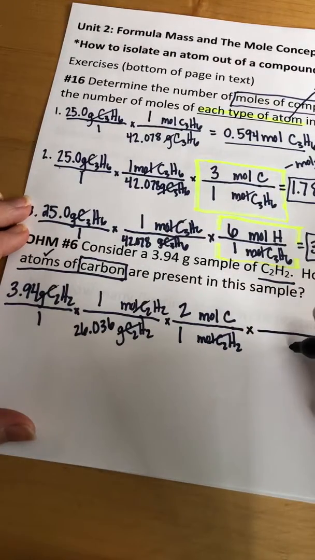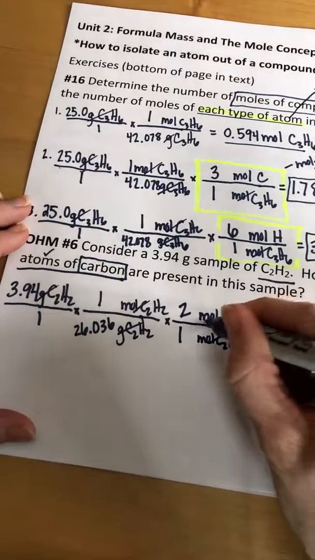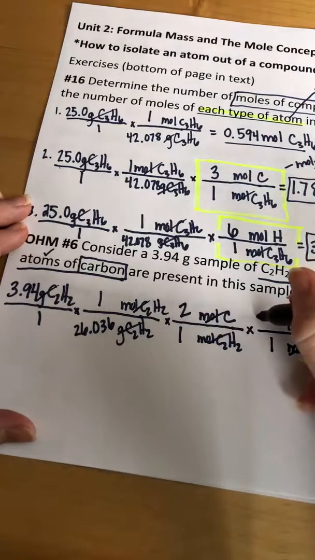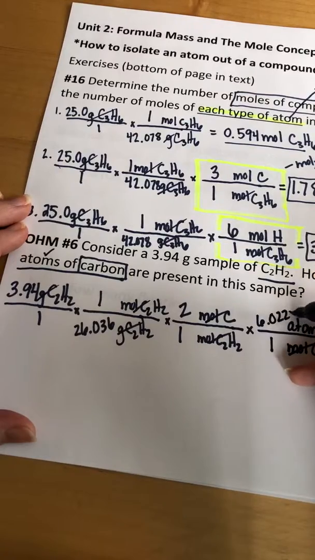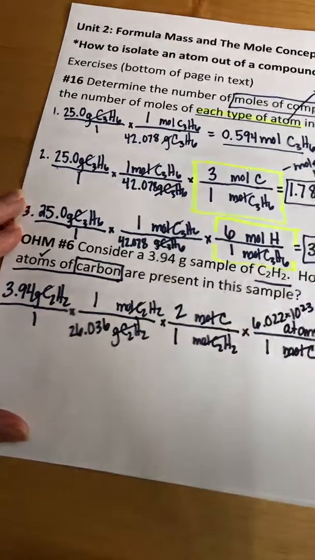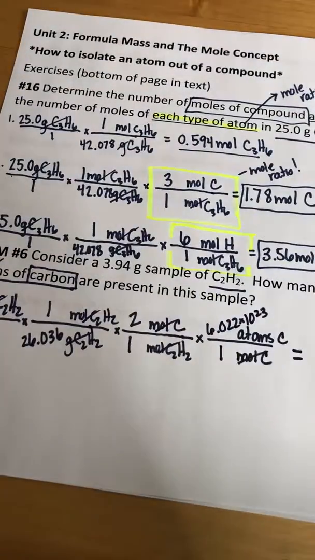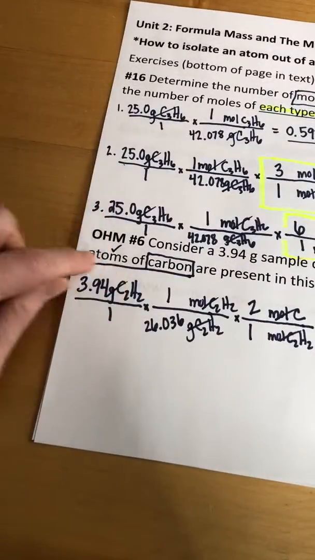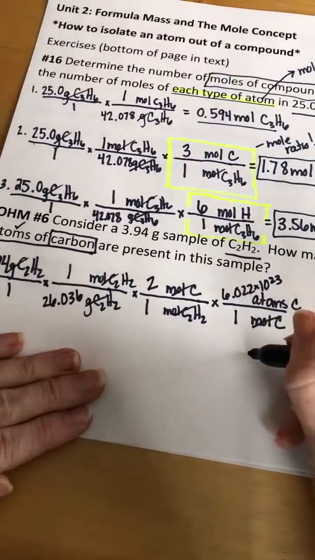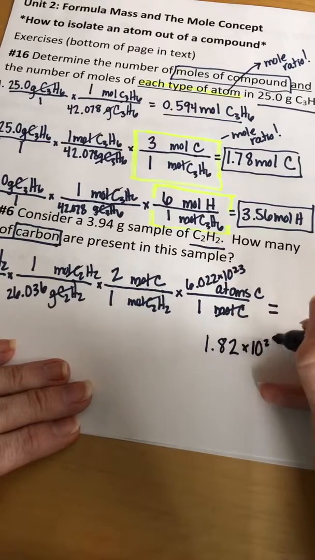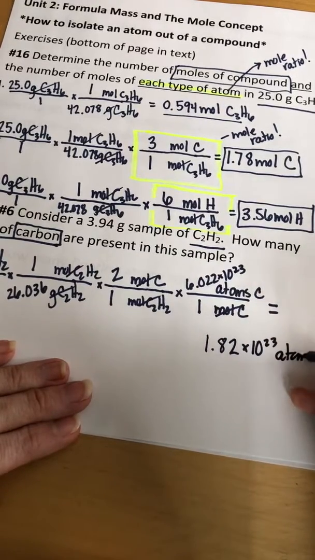Moles of carbon is on top, so moles of carbon is going to go on the bottom, and I can convert directly to atoms of carbon. According to my conversion chart, for every 1 mole of carbon, I have 6.022 times 10 to the 23rd atoms of carbon. Multiply across the top, divide by the bottom, I need 3 sig figs, and you should have 1.82 times 10 to the 23rd atoms of carbon.